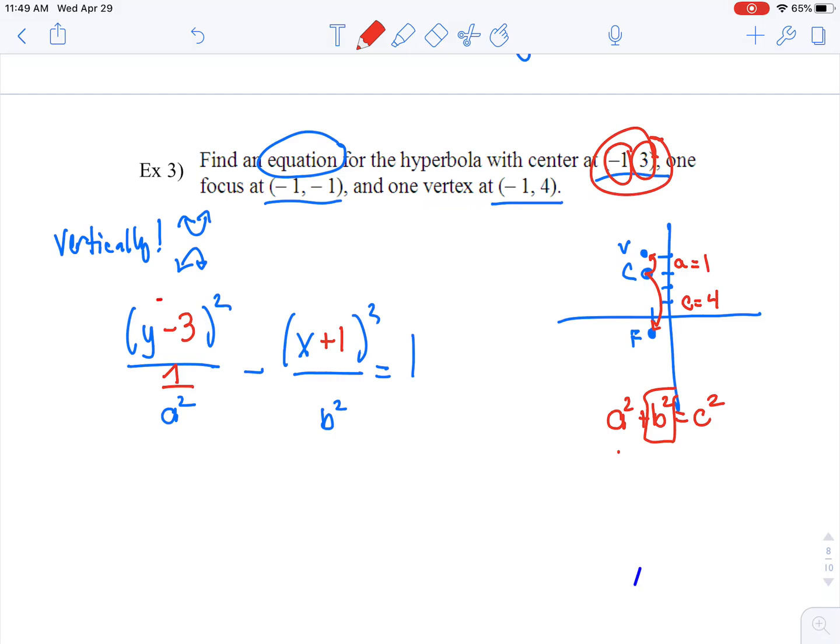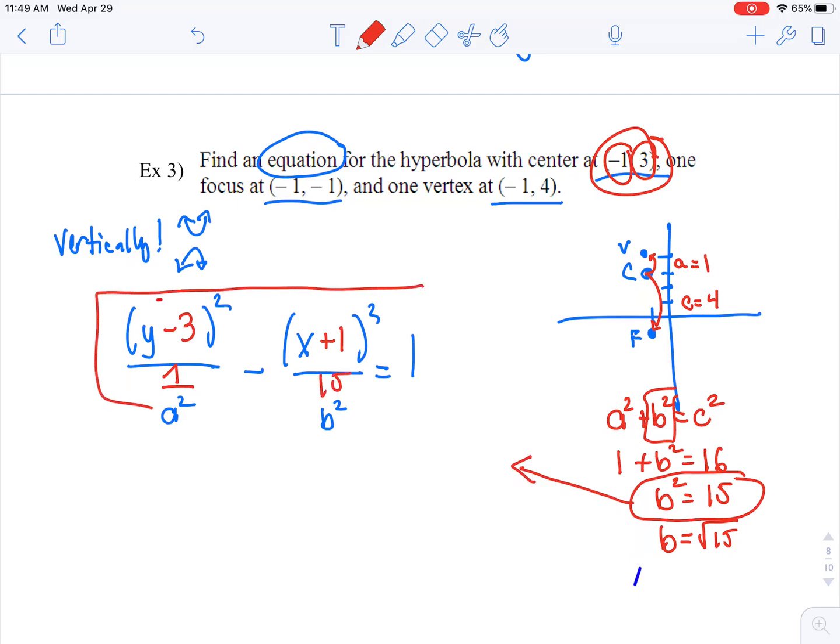So if my a was 1, a squared is 1, c was 4, so c squared is 16. So b squared is 15, and b is the square root of 15. But technically, it's the b squared that I actually need to write my equation. So if I put that 15 in here, here's the equation of my hyperbola.